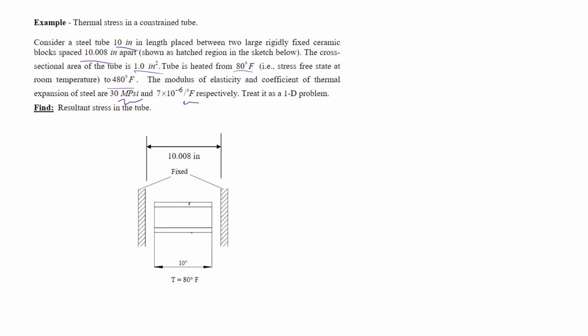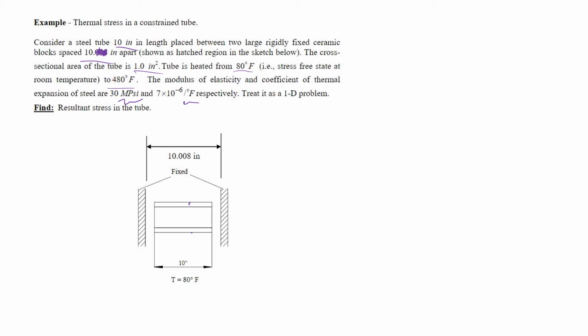What we're looking for here is the thermal stress. And we're going to make this just a little bit easier because we're trying to keep it simple. We're going to say it fits perfectly in there. We'll worry about the other part of it tomorrow.